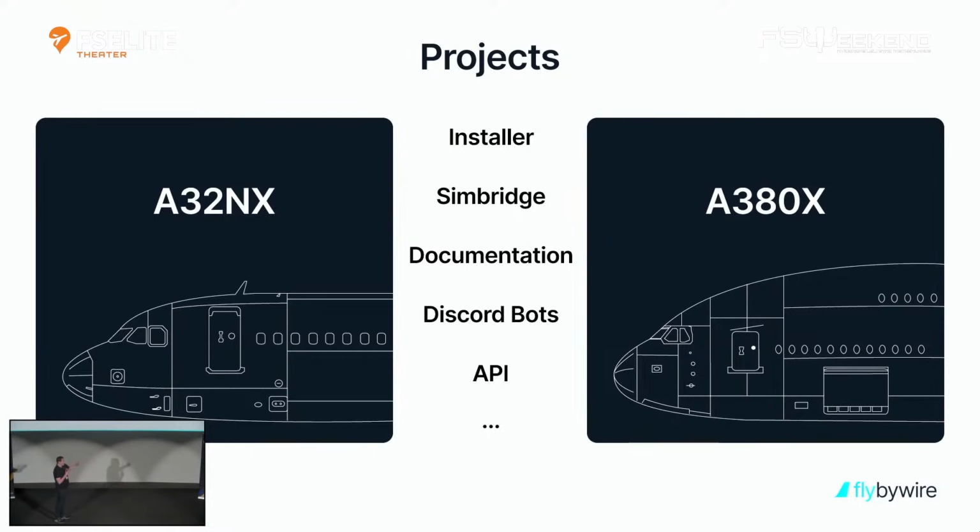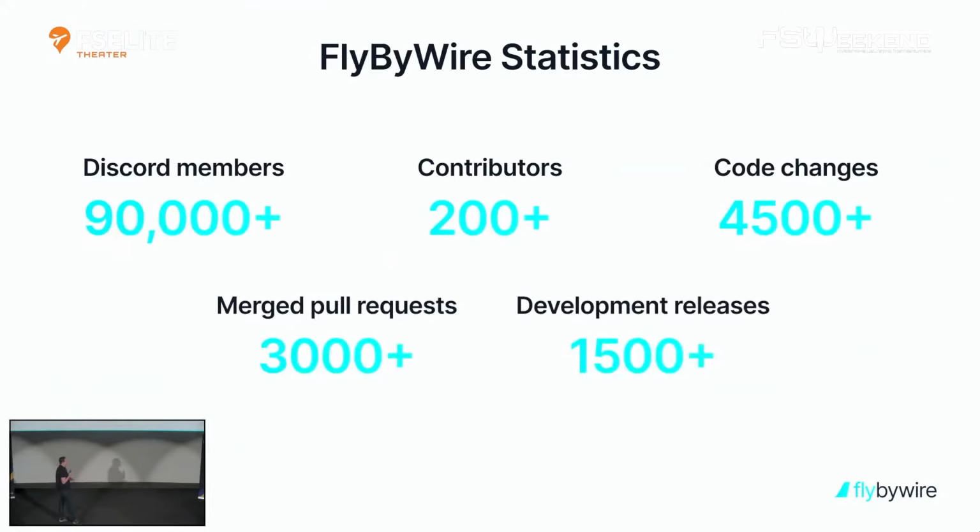The massive benefit of being open source is that the whole community can get involved. And we've seen this through our statistics here. In Discord, we have over 90,000 members. These are both contributors, people that are flight sim enthusiasts, pilots, engineers. People are really enthusiastic about using Microsoft Flight Simulator, having really good Airbus aircraft.